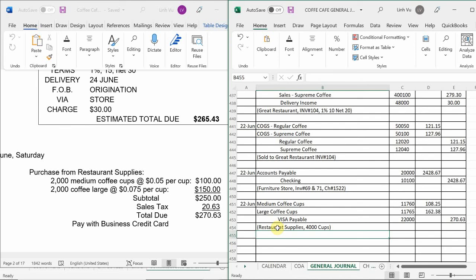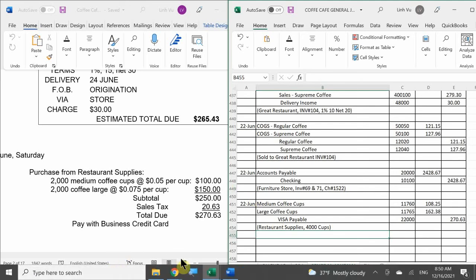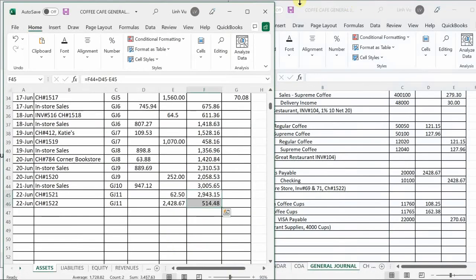Okay. And you go to the general ledger. General ledger. Okay, so where do we go first?